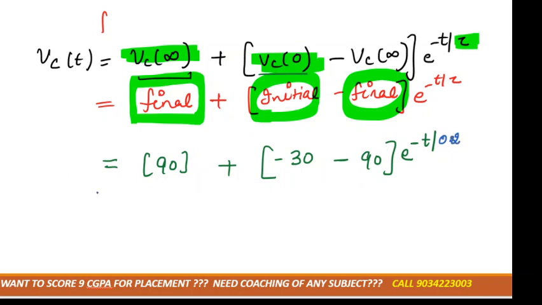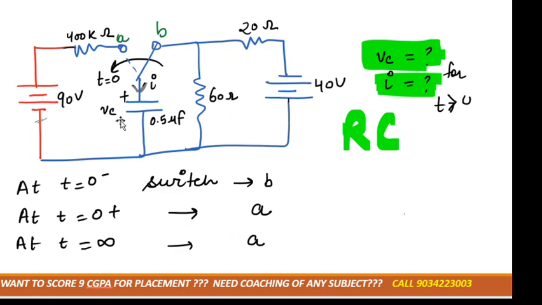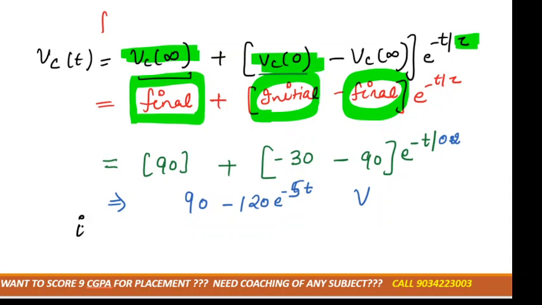So we got it. If we further solve it, we will get it as 90 minus 120 e raised to power minus 5t volts. Correct? Now in the question, what we need to calculate is current across capacitor, right? So current across capacitor is how much? C dVc over dt.